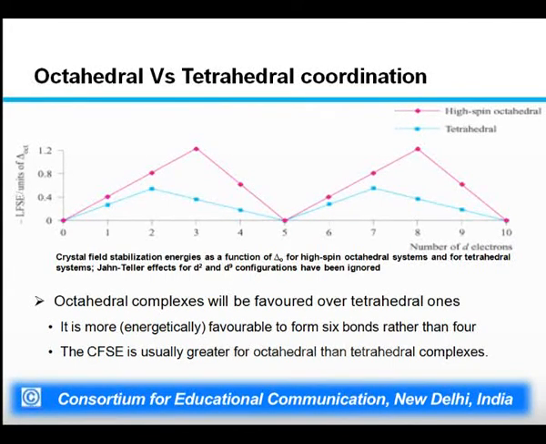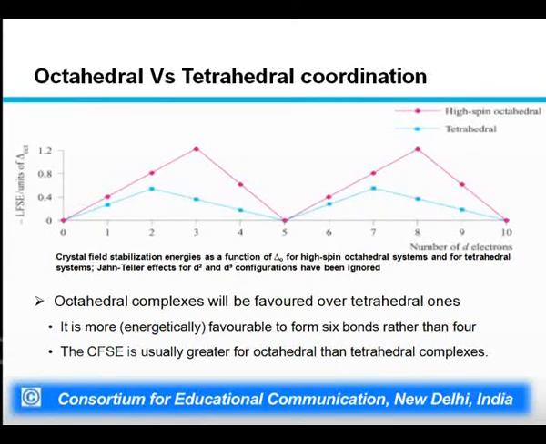The reason is that it is energetically more favorable to form 6 bonds rather than 4. And if we look at the d3 and d8 cases, we see that the CFSE difference between an octahedral and a tetrahedral is maximum for d3 and d8, followed by d4 and d9, then d2 and d7, and finally d1 and d6.